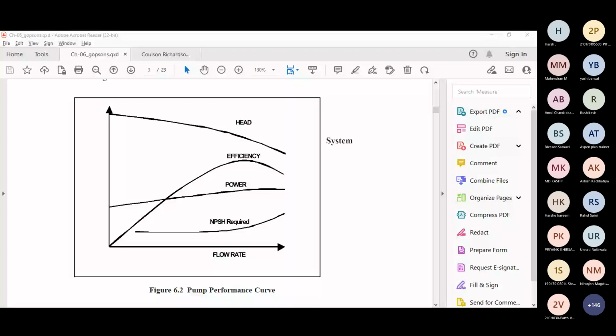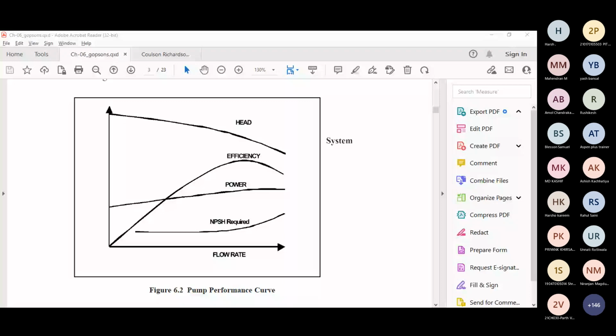Yes, sir. I hope it is clear. Sir, I think we can change the flow rate in positive displacement pump with the help of variable frequency drive. See, variable frequency drive, definitely you can do that. What will variable frequency drive do? It will basically again change the number of strokes per unit time.